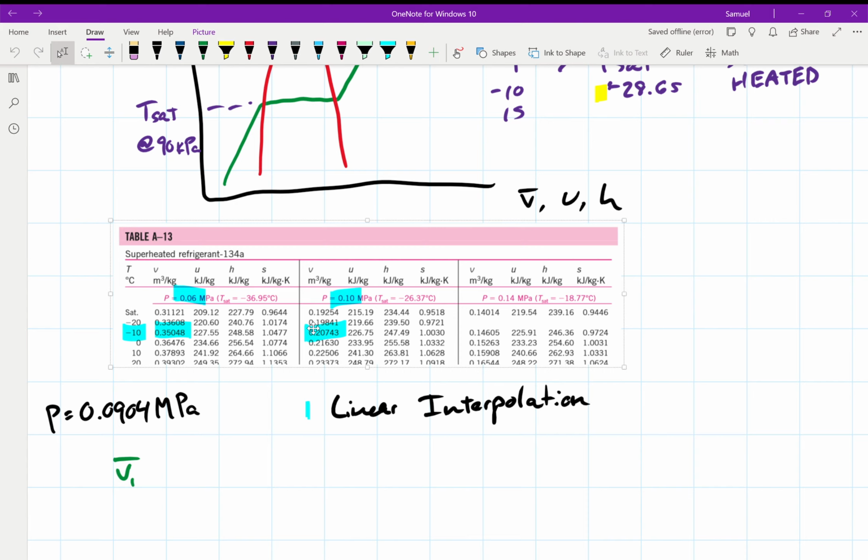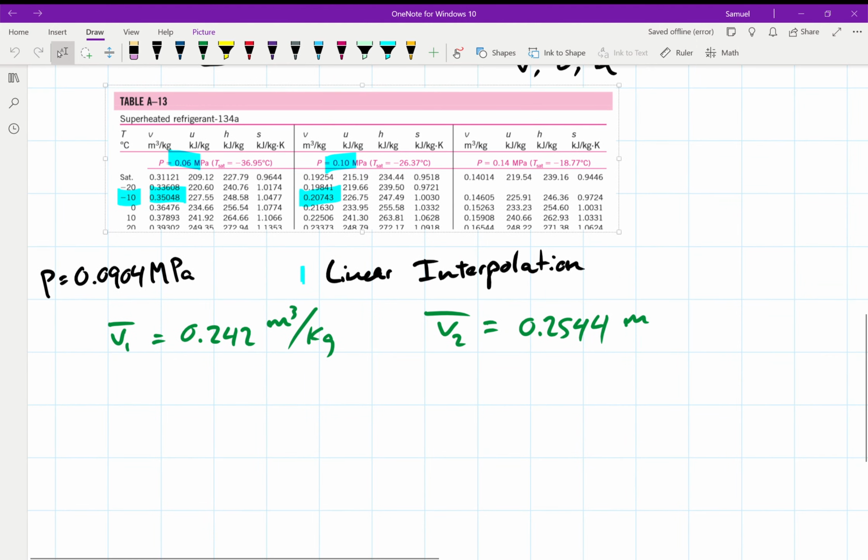For state 2, the specific volume is 0.2544 meters cubed per kilogram, so that we can then get the change in the volume by subtracting V2 minus V1.